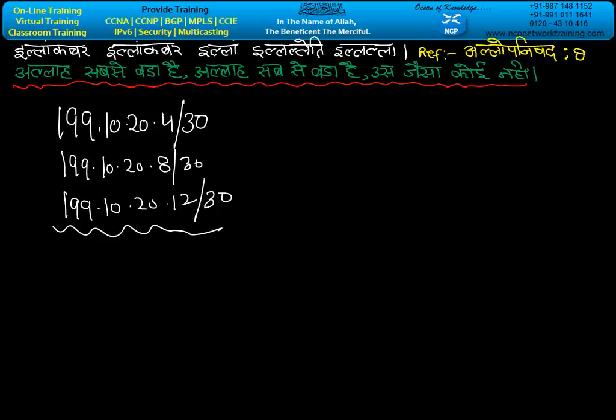Basic principle is that convert all the numbers into the binary format, but it's a wastage of time. If you are looking in all the subnets, the first octet is common. Any number here, not 199, let's say 10, let's say 20. 199 is common in all the three subnets. It means the 8 bits are common in first octet.